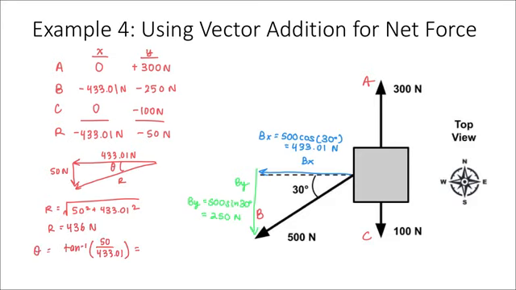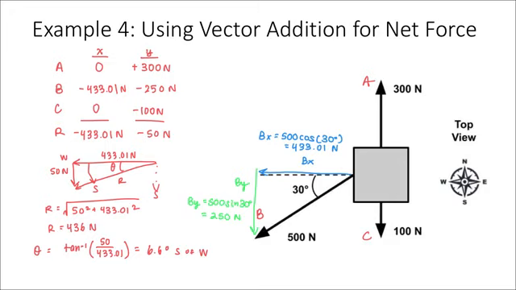Theta would be equal to tangent inverse of the opposite side, so in this case 50, divided by the adjacent side, 433.01, which would give me an angle of 6.6 degrees. And in this case, because this is west, and I'm going towards the south, this would be an angle south of west, going towards south from west.